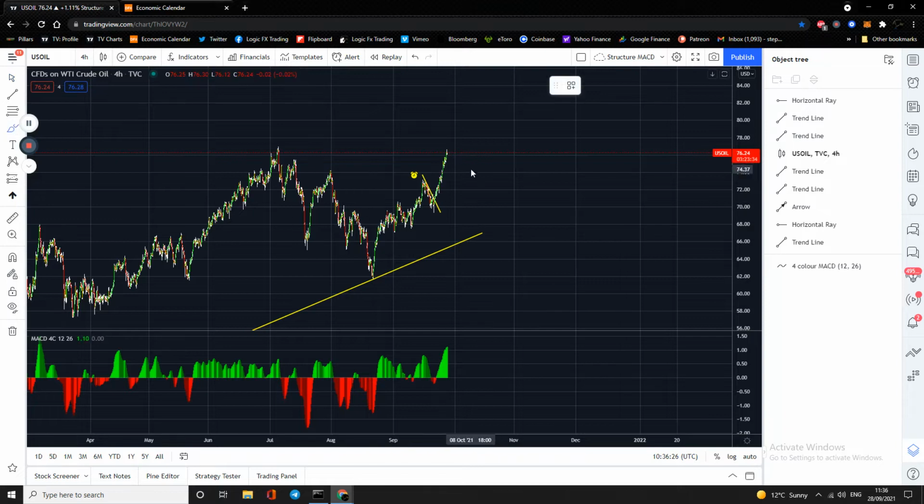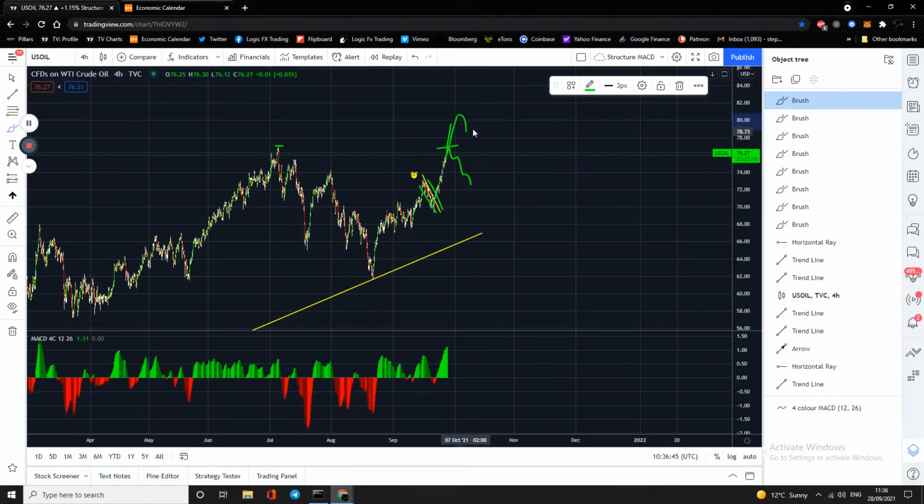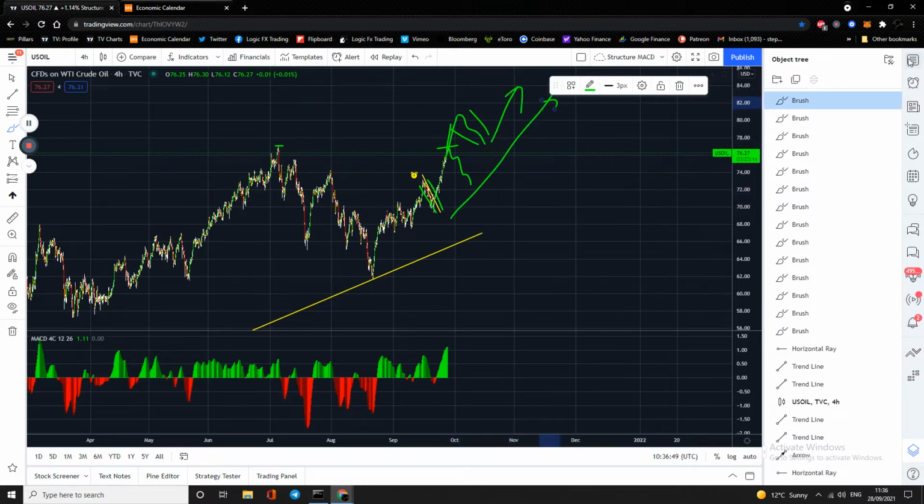But if you are interested in it, the main reason that I keep an eye on it is because the CAD tends to move with the oil price just as Swiss tends to move with the gold price, guys. So given where it is, it could well push up, but yet again, what we were saying earlier, that's not a place to buy. Wait and see if you get another little drawdown. Maybe it breaks through, then gives you a drawdown. But I think that's the trend, guys.